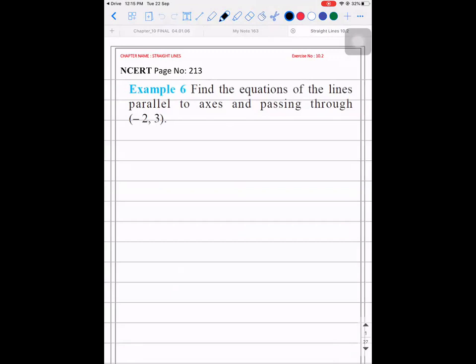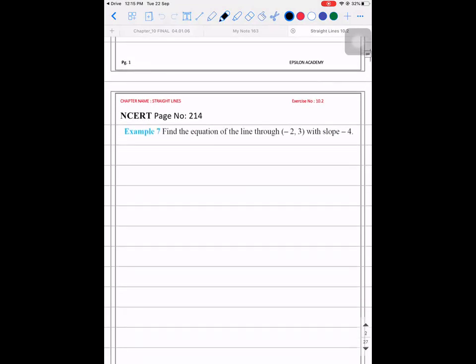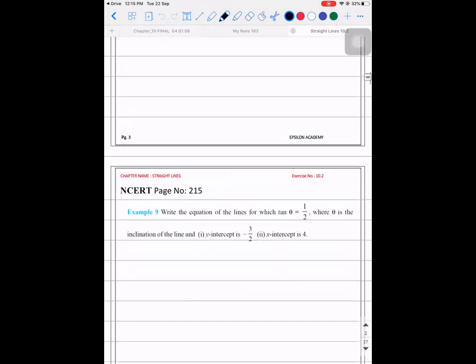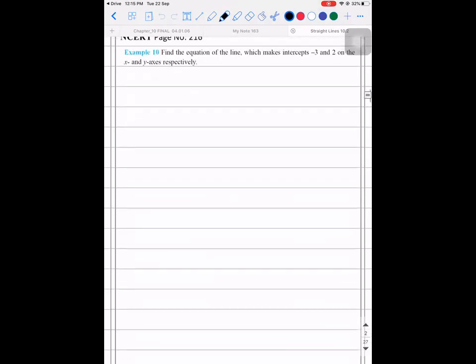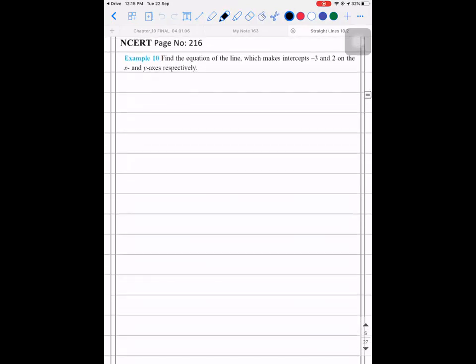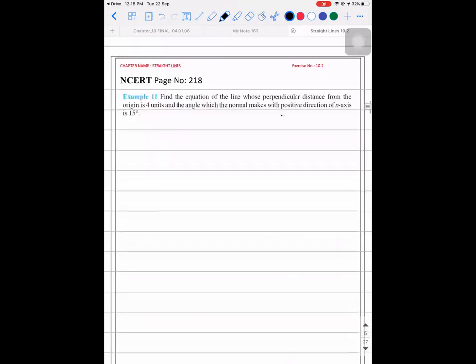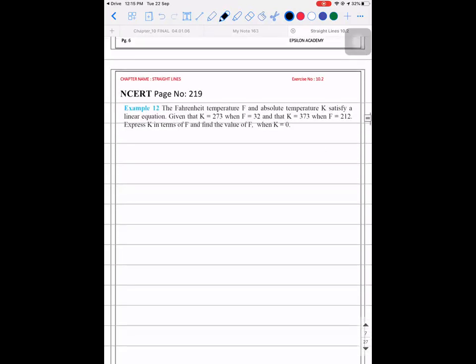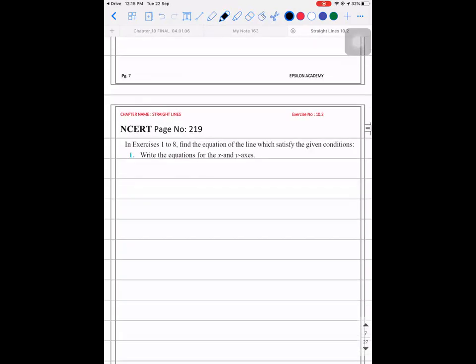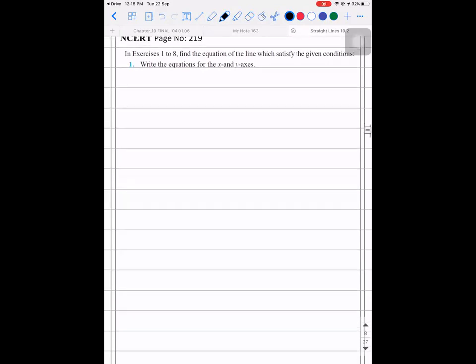Find the equation of the line parallel to the axis and passing through the point -2, 3. I think we did this, right? All these examples we have solved. This was the last example that we solved. I will start with this.